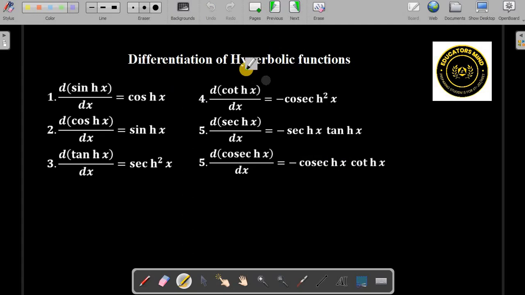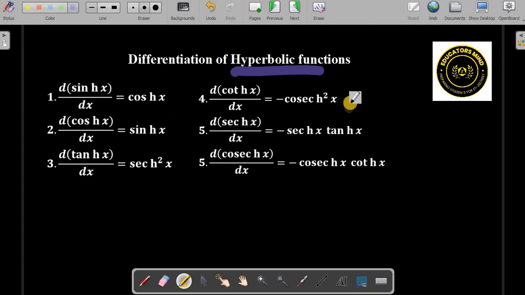Hyperbolic functions also are not going to come much, but still I am giving what the hyperbolic functions are, you will be seeing about this. Sinh x, cosh x, we will not go into more detail about this. The differentiation is the same as for trigonometric functions.